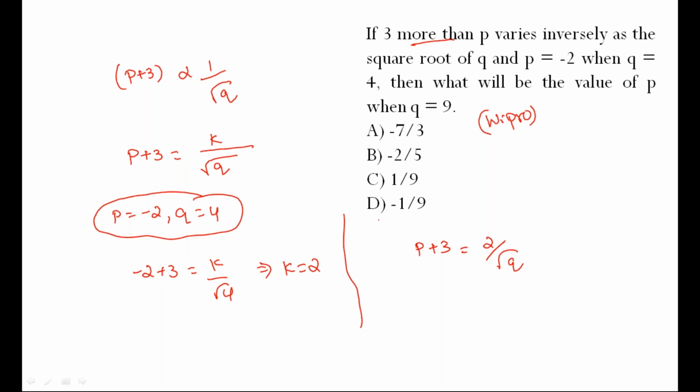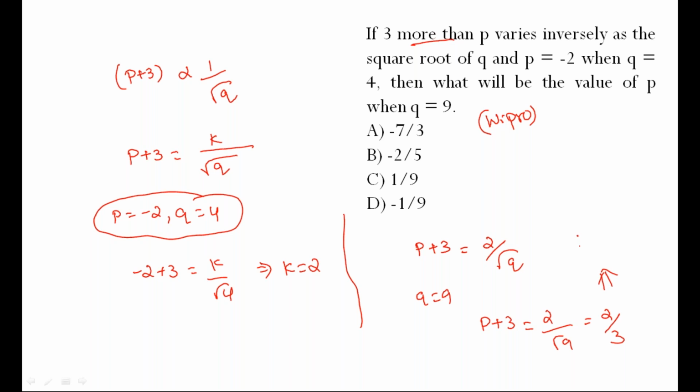Once you are done with that, now you have to find one among this. Here they given Q value 9. What is the P value? Now P plus 3 equal to 2 by root 9, which is 2 by 3. Now you have to calculate P value. P plus 3 is 2 by 3.